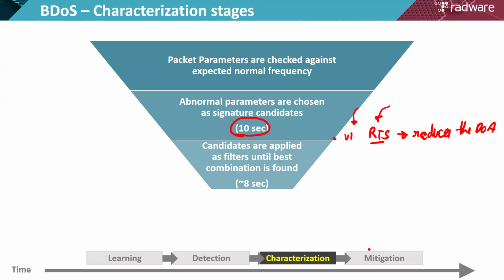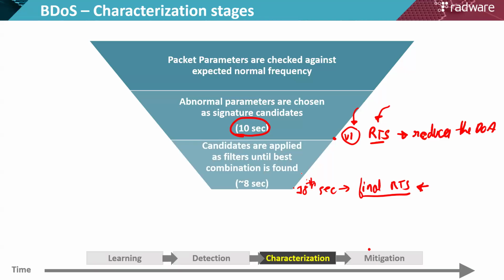At the 18th second, after analyzing all the combinations, we will reach the final real-time signature, and this is the real-time signature which will then be used to mitigate the attack traffic. So this is your final real-time signature, created at the 18th second.